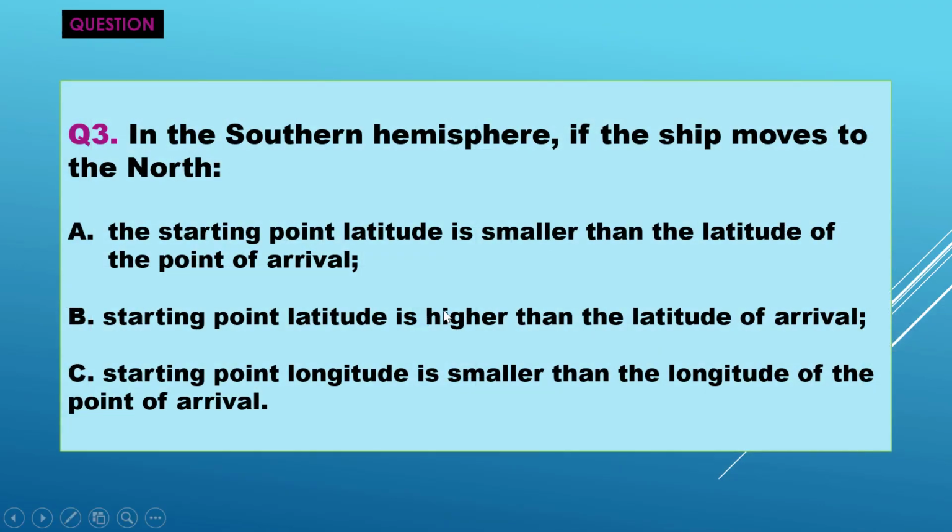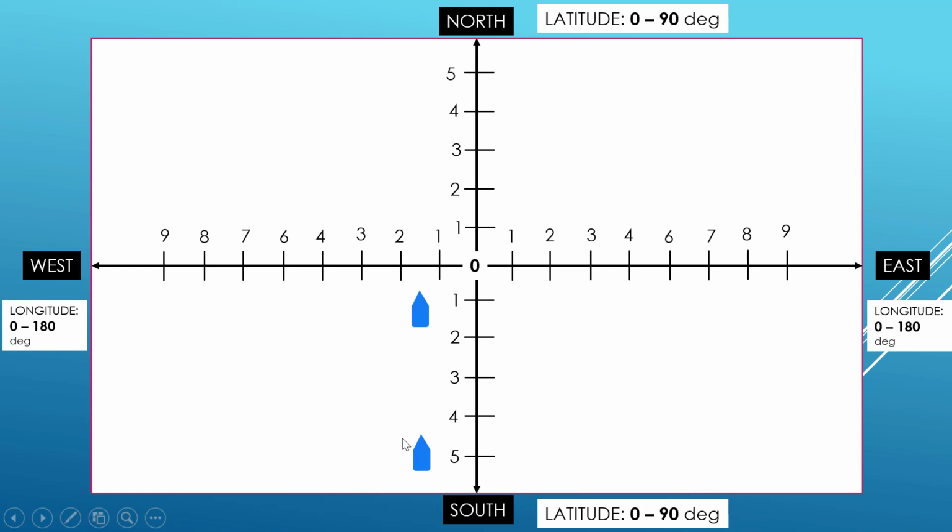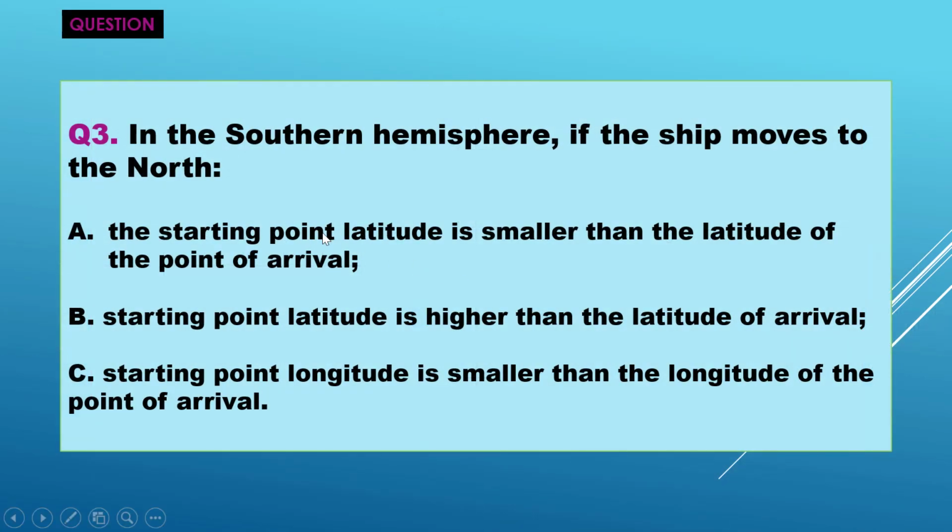Let's go back to the question. The starting point latitude is smaller than the latitude of the arrival point. Is that true? No. Starting point latitude is higher than the latitude of arrival point. So the first answer is wrong.